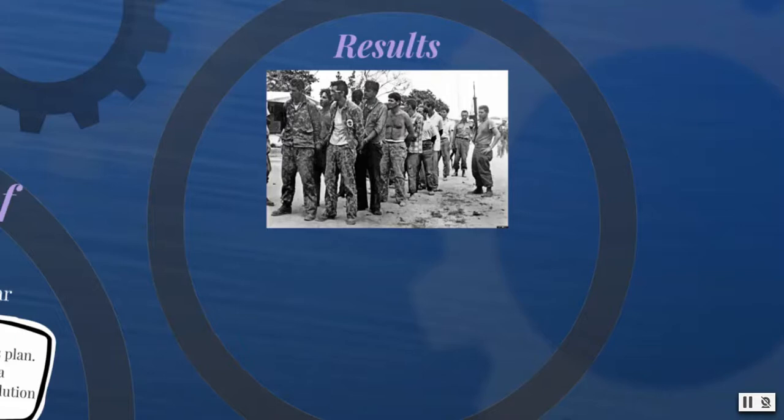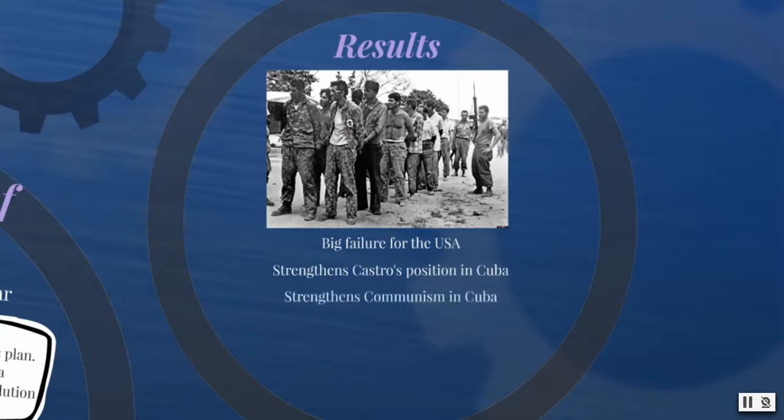This led to a few things. First of all, it was a huge failure for the USA because it seemed to everybody that this was a US-backed plan. Second, it strengthened Castro's position in Cuba. He was seen as the savior, as someone who could protect Cuba. Third, it strengthened the idea of communism in Cuba, so Cubans themselves began to more fully support the idea of communism.